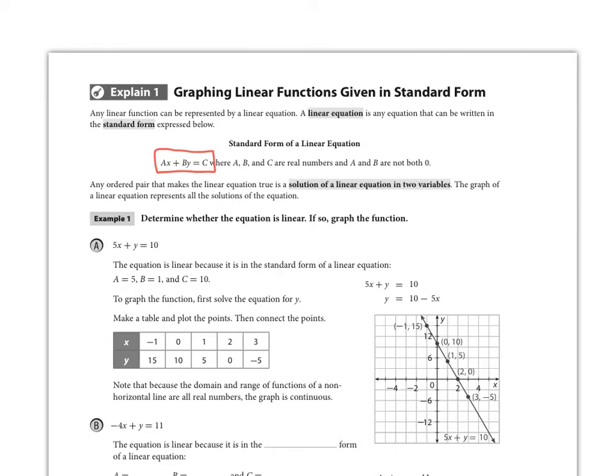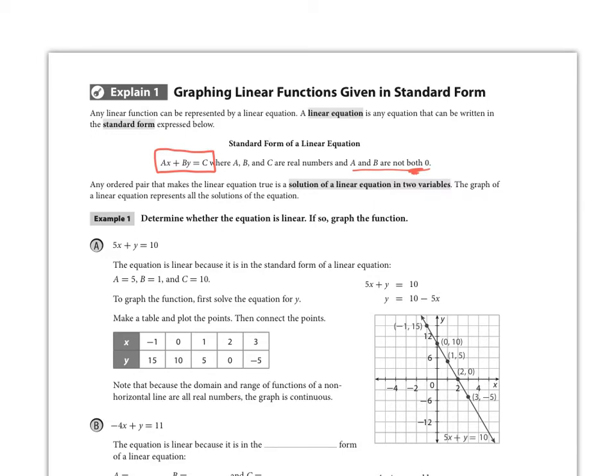It could be decimals, could be fractions, could be whole numbers, anything like that. Both a and b cannot be 0. So one of them can, but not both. That's the important part here. When one of them is 0, you end up with a special type of line. But most of the ones we're looking at are where a and b are both not 0.